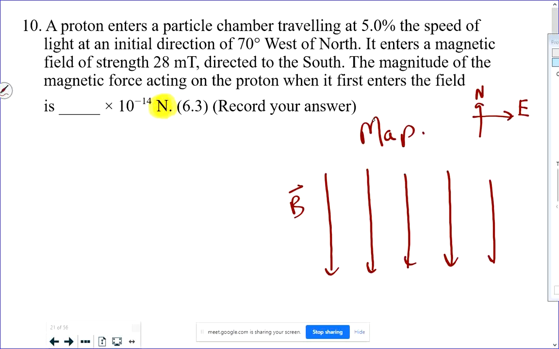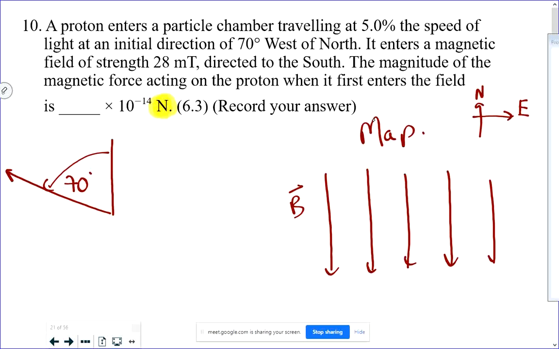And the particle is traveling along the surface of the Earth at an angle of 70 degrees west of north. So what does 70 degrees west of north mean? North is this way. West of it is that way. So 70 degrees west of north looks like that. And that's the direction it's moving in.